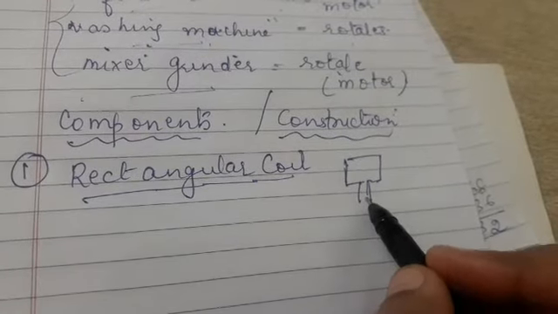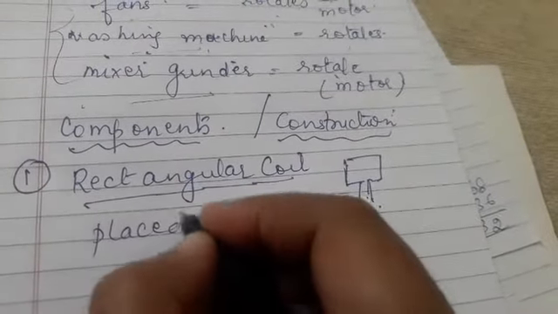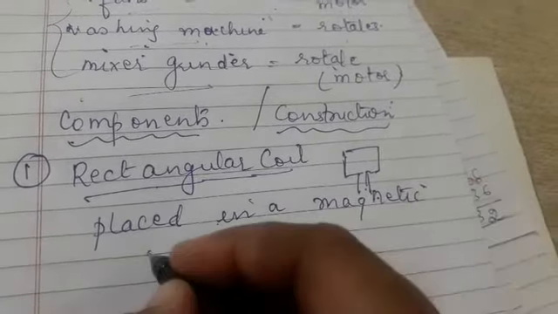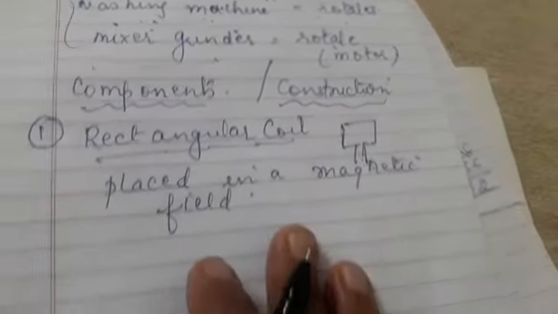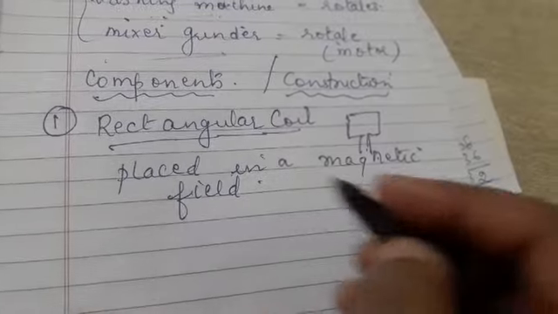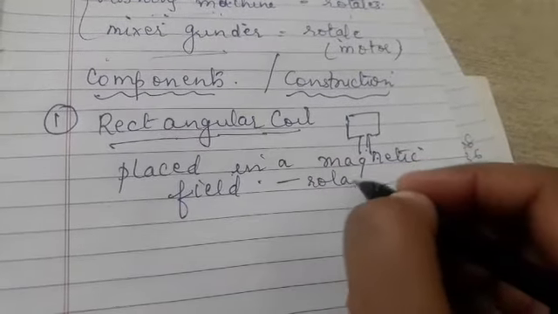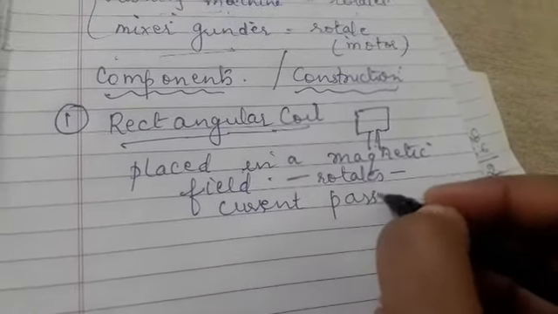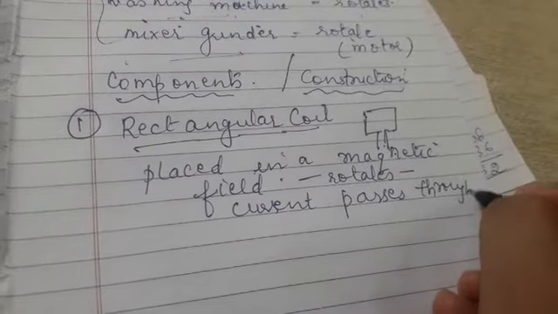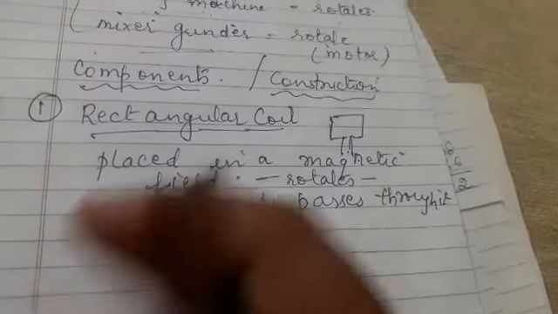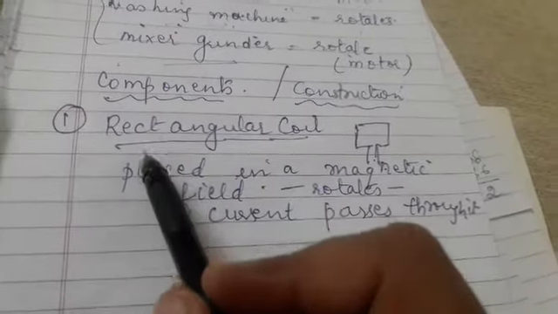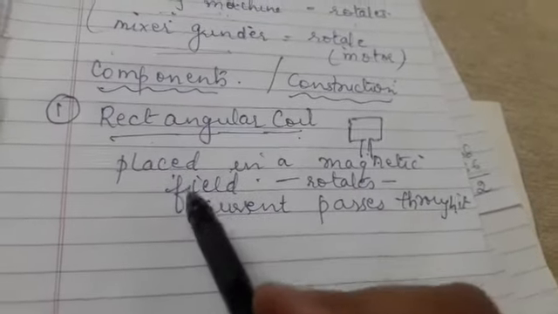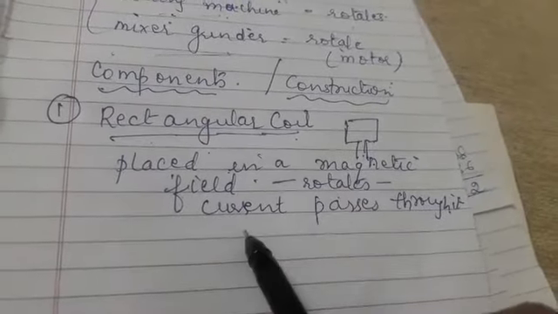Now this rectangular coil is placed in a magnetic field, and this coil rotates when the current passes through it. Okay, so learn these components and then we will study the working. The rectangular coil is placed in a strong magnetic field, and it will rotate when the current passes through it.